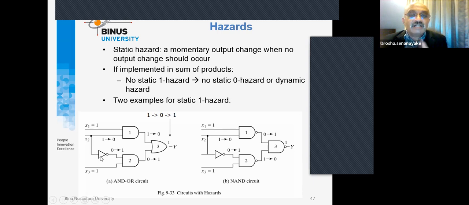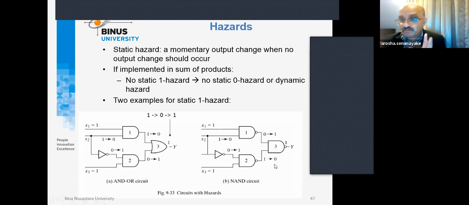That might cause the propagation delay, because in this particular path it is a very smooth, direct connection to the AND, but in this path, there is no direct connection, it goes through a NOT gate. So additional delay, and that most probably causes the erroneous output. So this is called static 1 hazard.